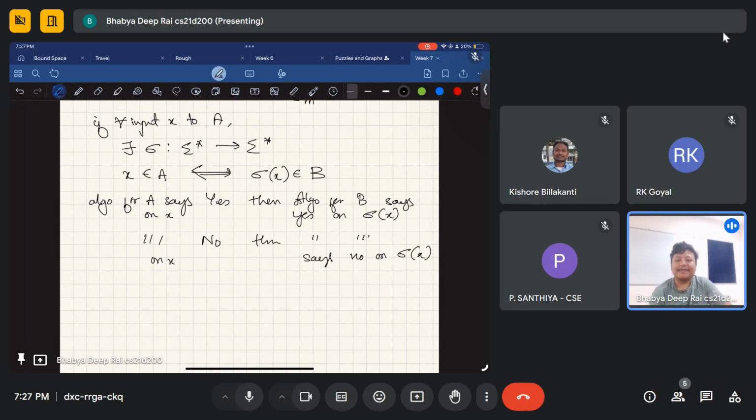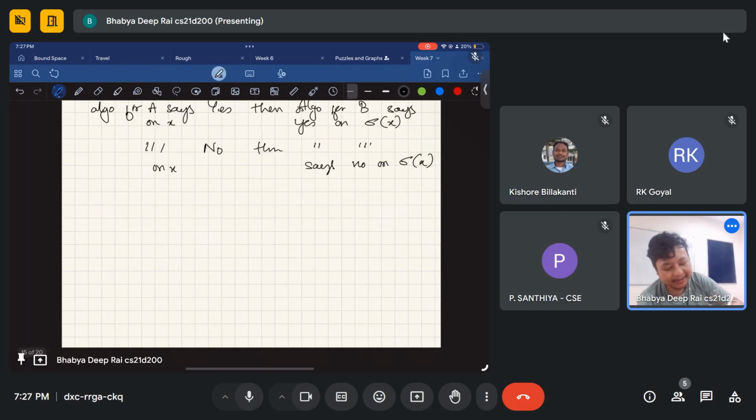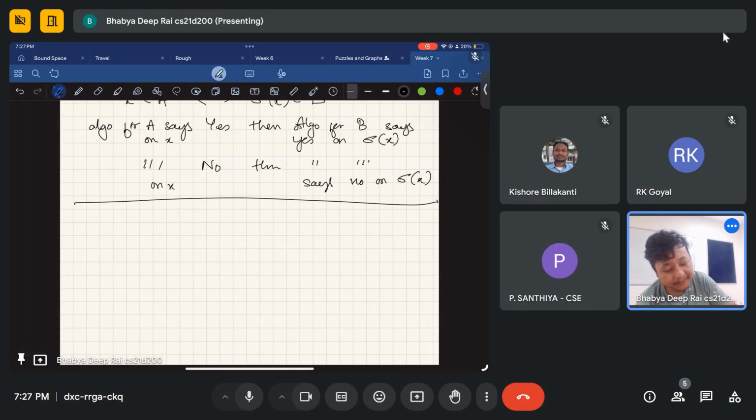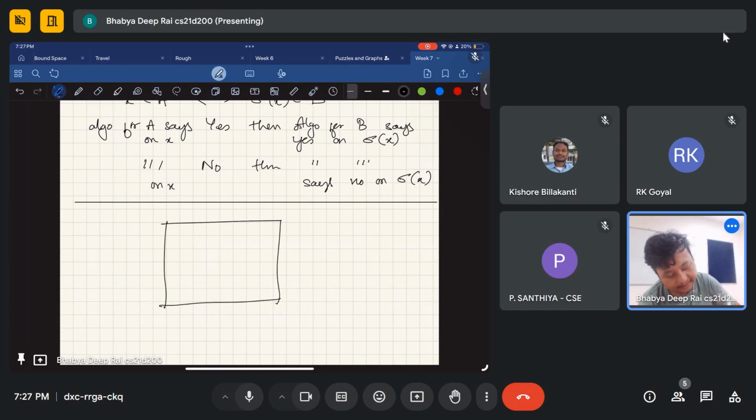Now, what is the advantage of this? This is a way of showing hardness of languages. Why does it show hardness? If I have an input x, I can pass it through a filter which gives sigma of x, and pass that to a B solver.